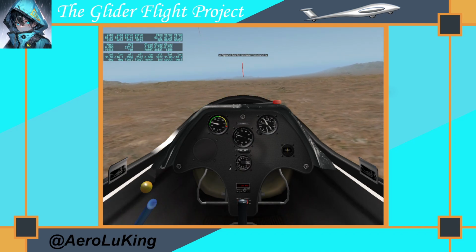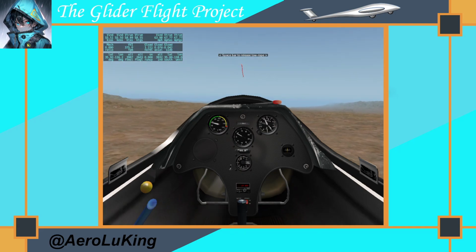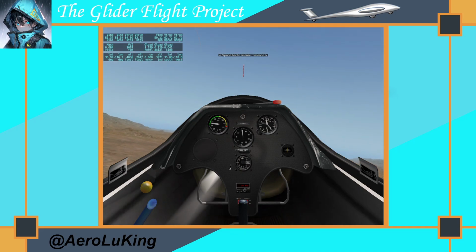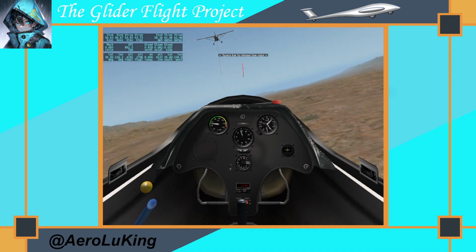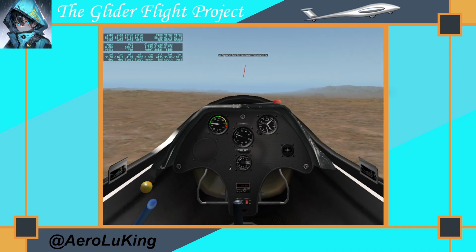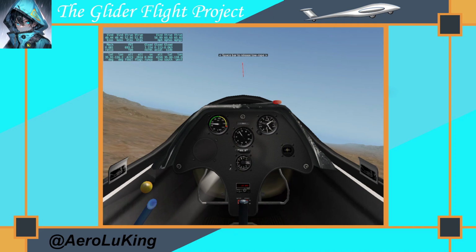And if you were to use this to look at the performance of the glider, are you actually looking at the performance of your glider or the performance of the tail plane pulling you? Again, things to think about.